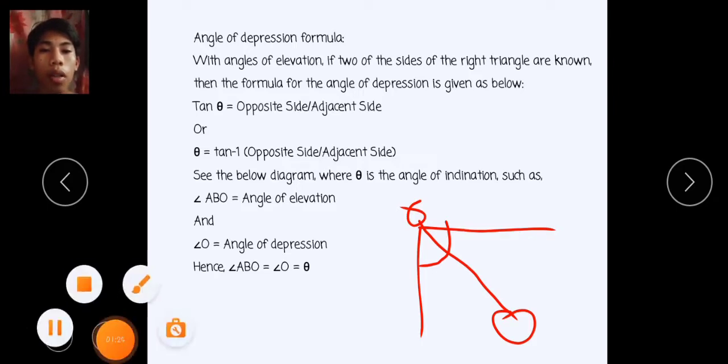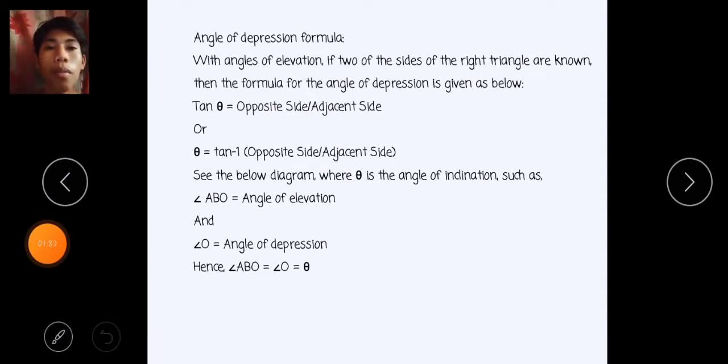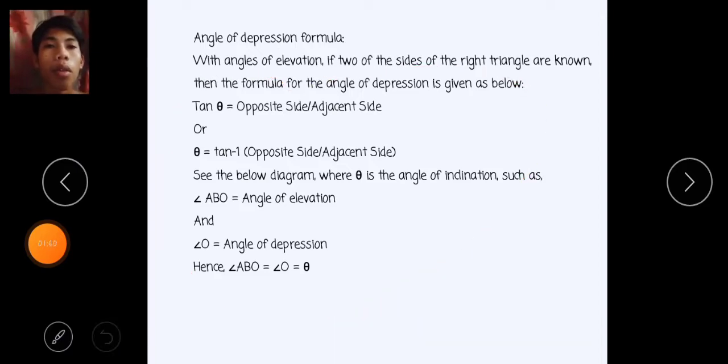So let's go back to our topic. Go back to discussion. So this is the formula of the angle of depression. When the angle of elevation, if the two sides of a right triangle are known, then the formula for the angle of depression is given as below.